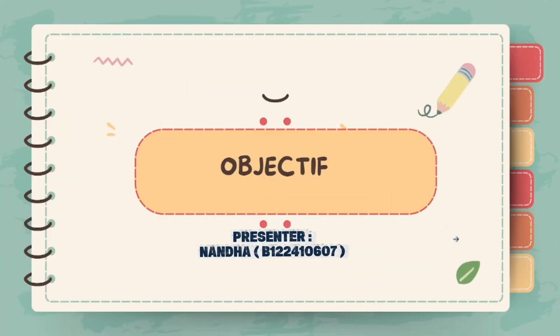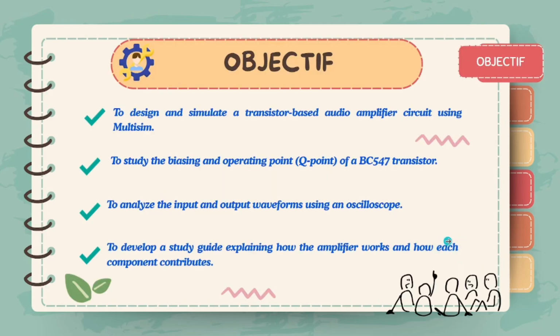So I'll be presenting the objective part for this project. Our objective is to design and simulate a transistor-based audio amplifier circuit using Multisim, and we also built the real prototype using the breadboard.